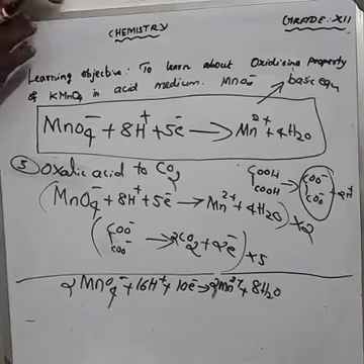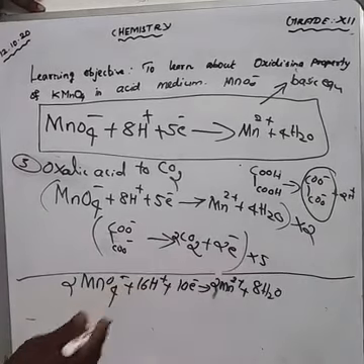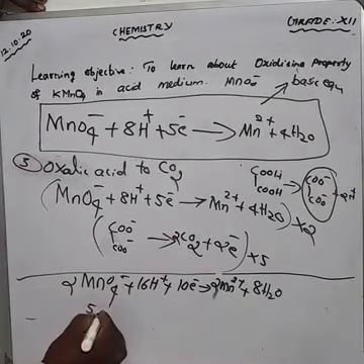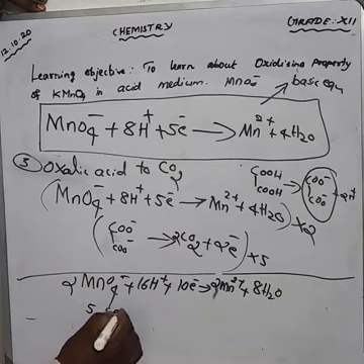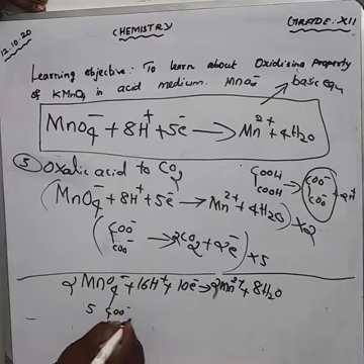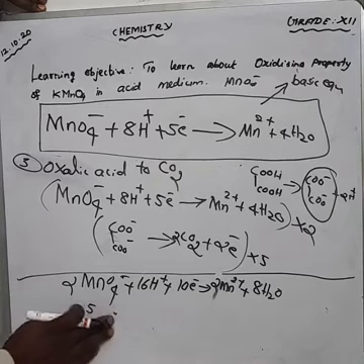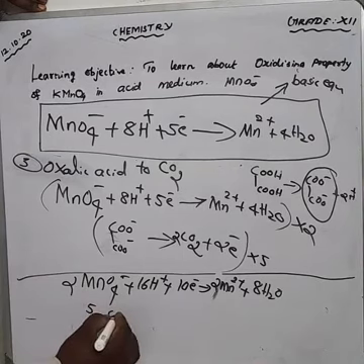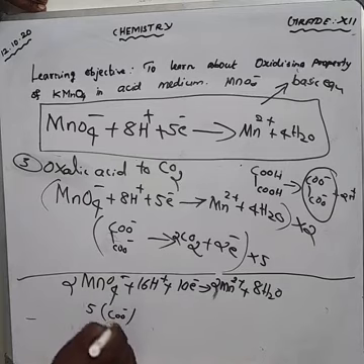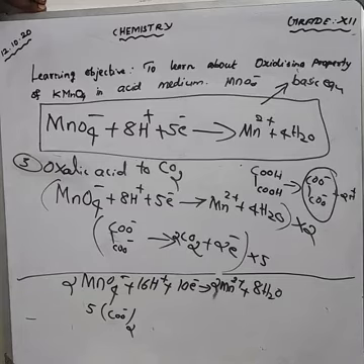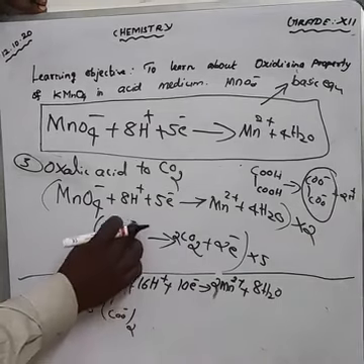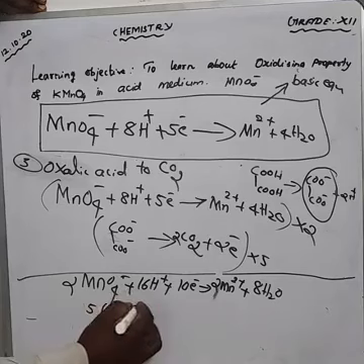Next, the second one is multiplied by 5. So what is the answer? 5 COO minus, or you can write the total as COO twice, and each has minus 1, so you write minus 2.